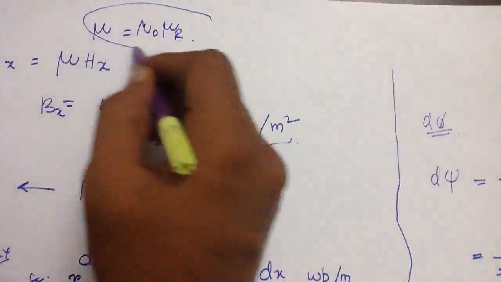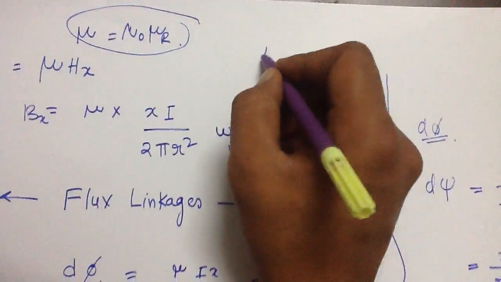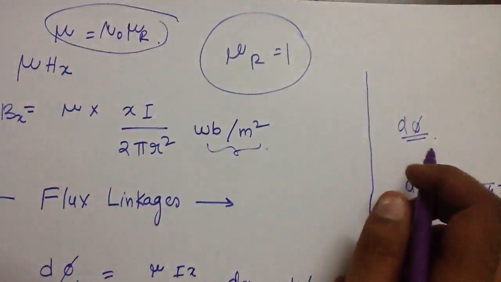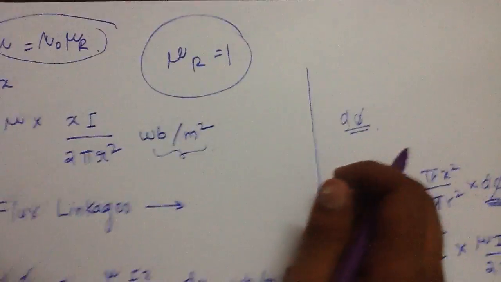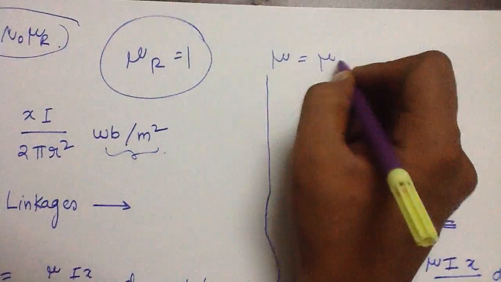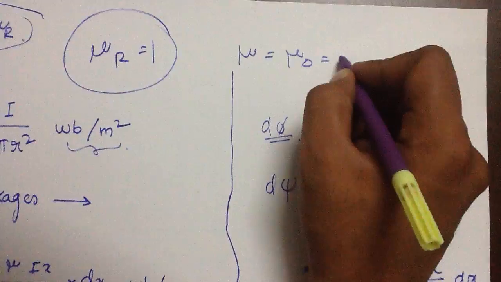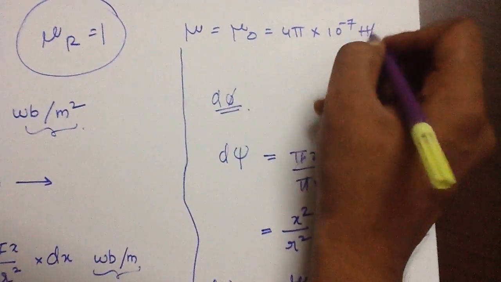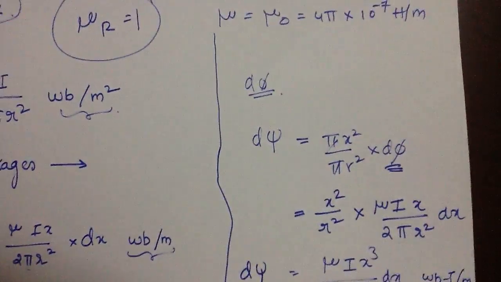We know our mu is mu naught into mu r, right? So mu r is equal to 1 for a non-magnetic material, and mu is equal to mu naught, which is 4 pi into 10 power minus 7 Henry per meter.